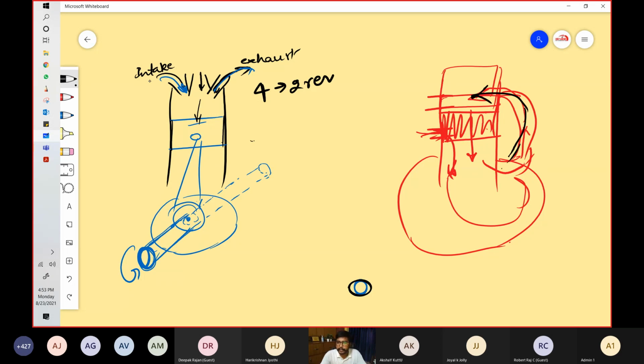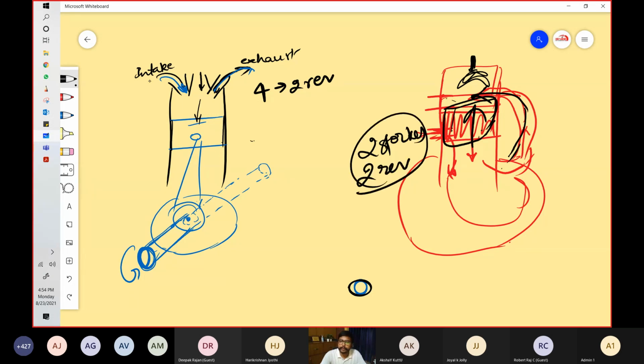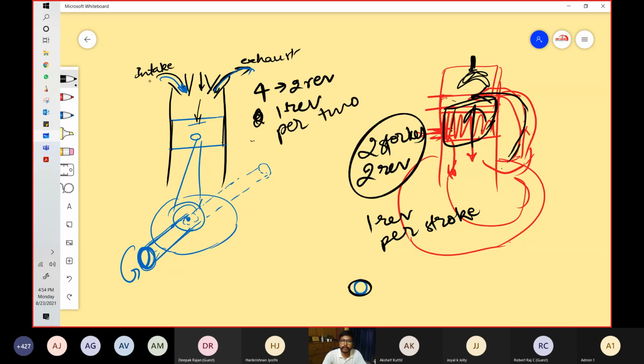Now, since the piston shape is such that when it goes upward, it will compress this fuel and the spark will happen from the spark plug and this cycle will complete. So over here, 2 strokes and 2 revolutions. So basically 1 revolution per stroke. And over here, 1 revolution per 2 strokes.